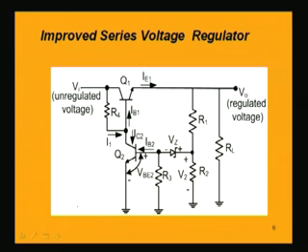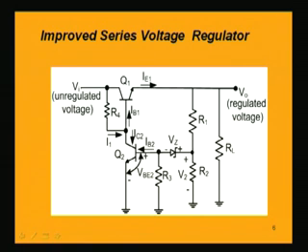Transistor Q2 is having the base current IB2 and collector current IC2, and transistor Q1 is having base current IB1 and emitter current IE1, which will again be going into the load.